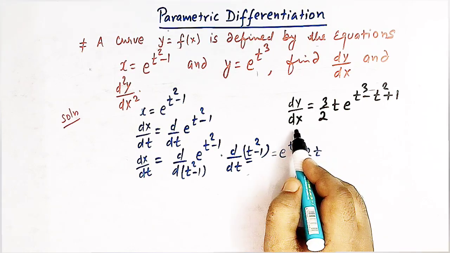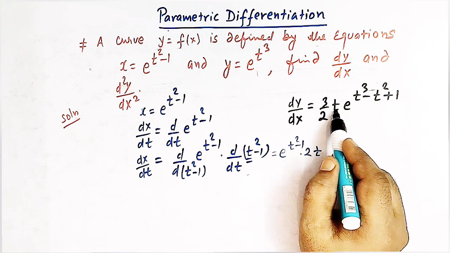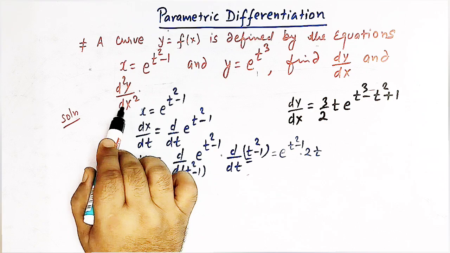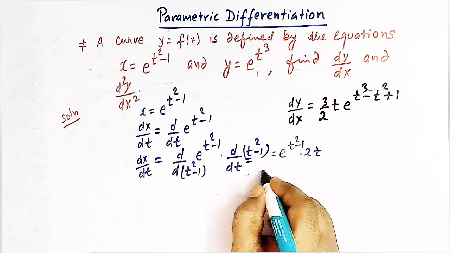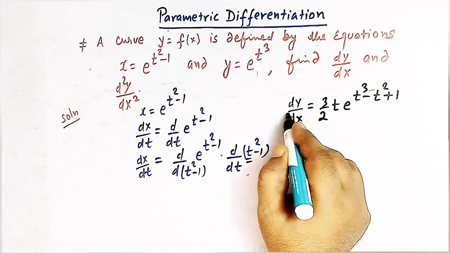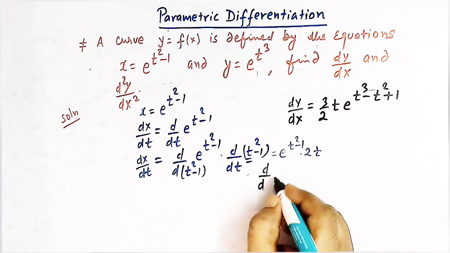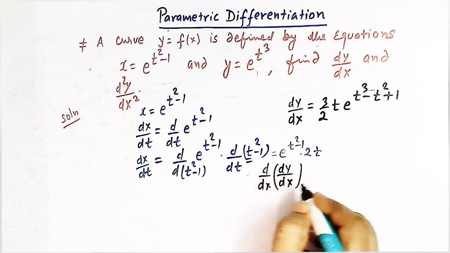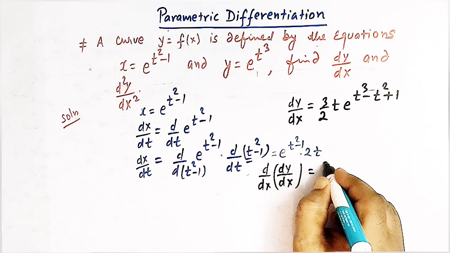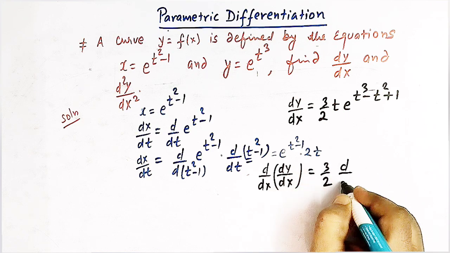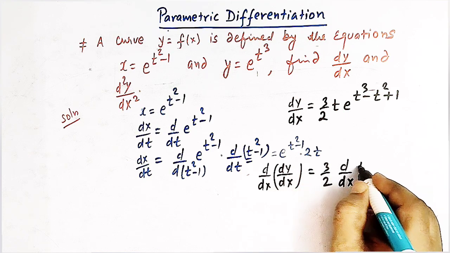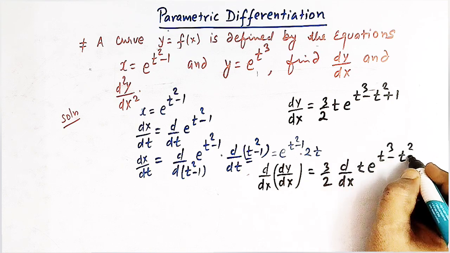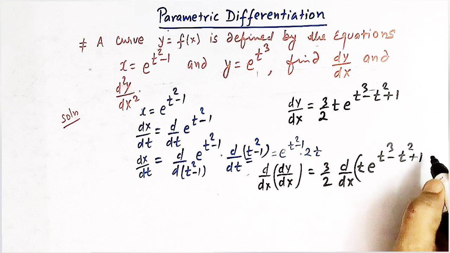So now dy over dx is 3 by 2 t e raised to t cube minus t square plus 1, and to get the second derivative we'll differentiate both sides with respect to x. So d by dx of dy over dx, and we have here 3 by 2 and d by dx of t times e raised to t cube minus t square plus 1, right?